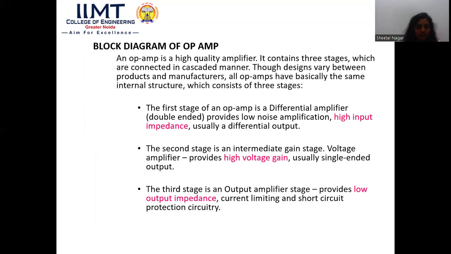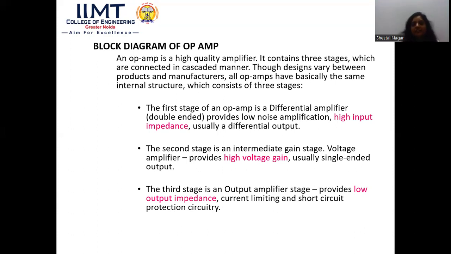Now, block diagram of operational amplifier. Basically, an operational amplifier is a very high quality amplifier. It contains three stages which are connected in cascaded manner, though designs may vary between products and manufacturers. All operational amplifiers have basically the same internal structure, which consists of three stages.